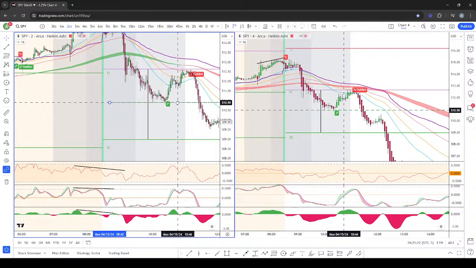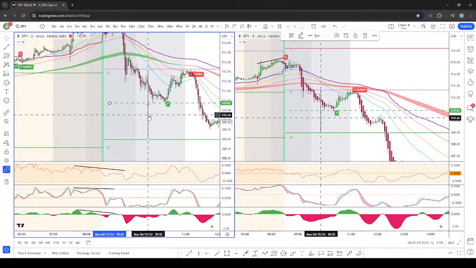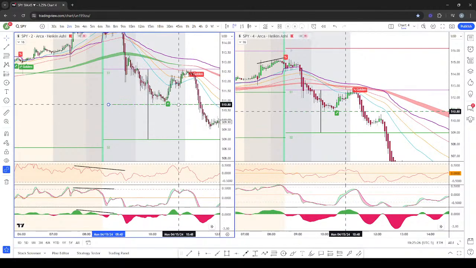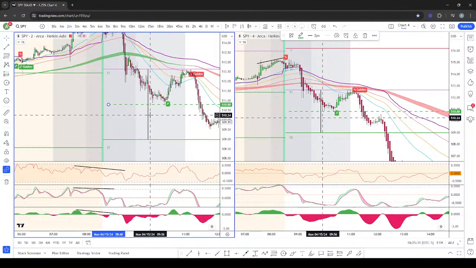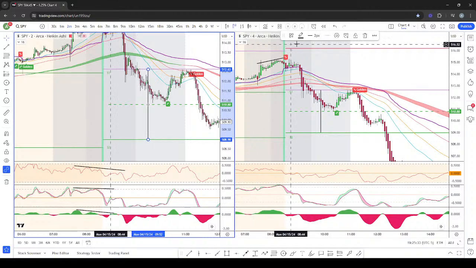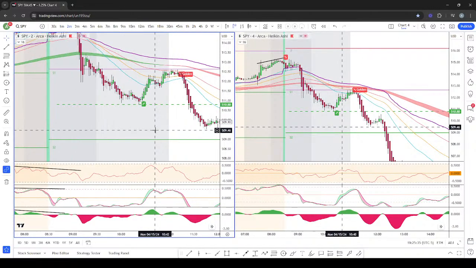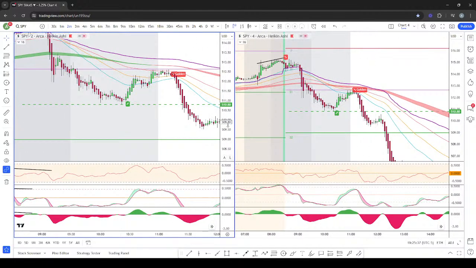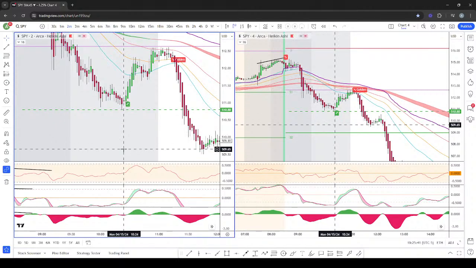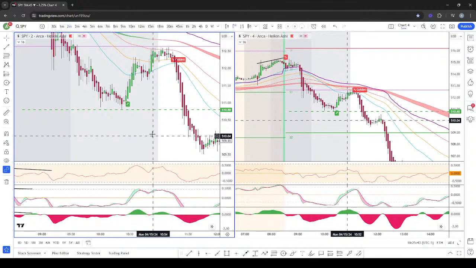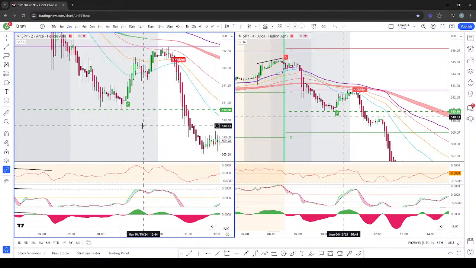Maybe it just needed to shift down a little bit, but it doesn't have to be exact. I want to show you what happened when price hit right there. Look at that. Price just tapped right into that major midline and then just shot right back up.